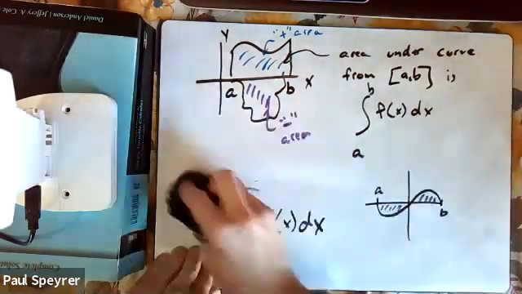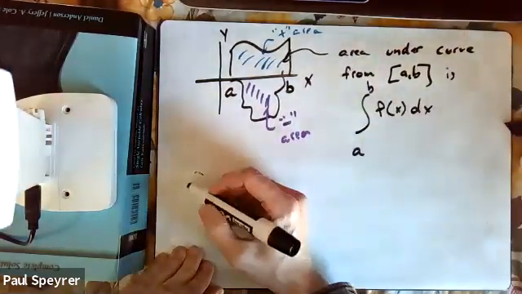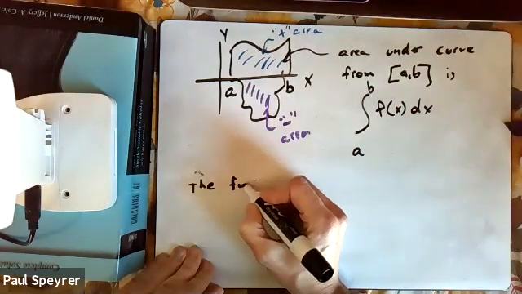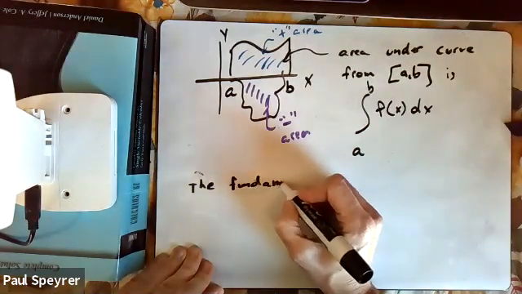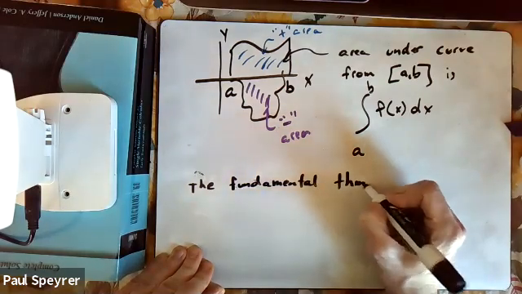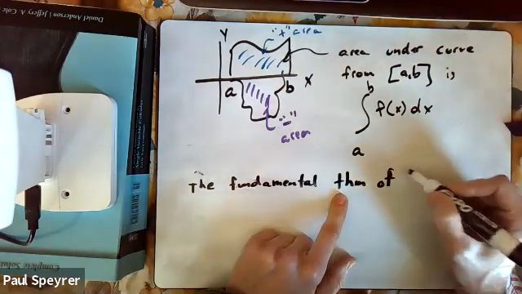Now, before we get into working out problems with numbers, we need to talk about an important theorem with this, and it's the fundamental theorem of calculus. THM, of course, just means theorem.